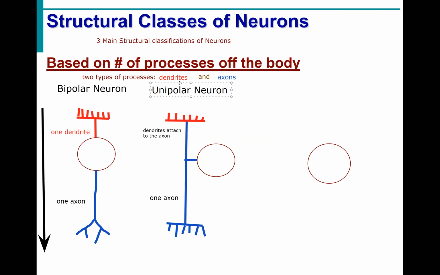Notice so far, none of these things look like the neuron we've already drawn. The neuron we already drew, and the one we've been familiar with since the get-go, has had many dendrites coming off of the cell body. They're short, they're elaborately branched.